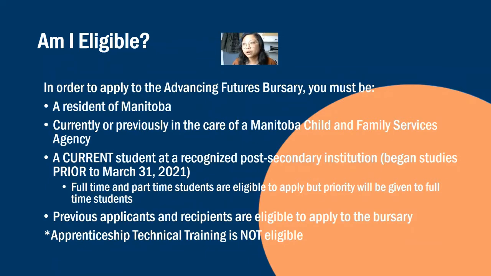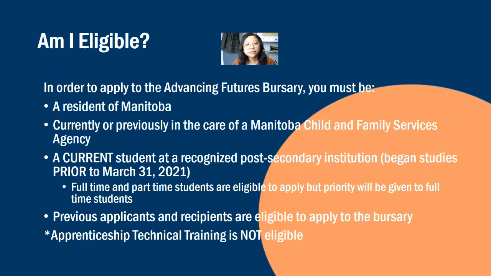So if you are currently in high school and attending university or college in the fall, unfortunately, you would not be eligible for the Advancing Futures Bursary. So as long as you began your studies prior to March 31st, 2021, you are eligible for the Advancing Futures Bursary.